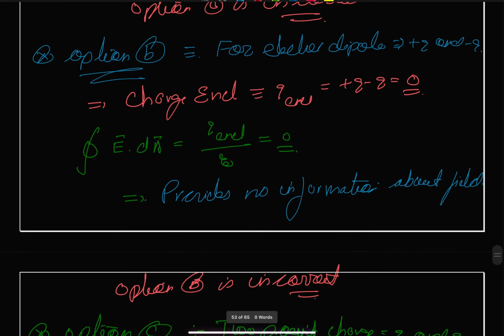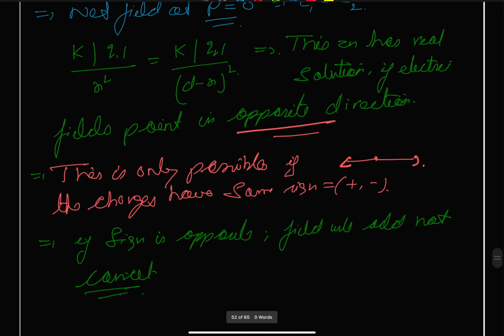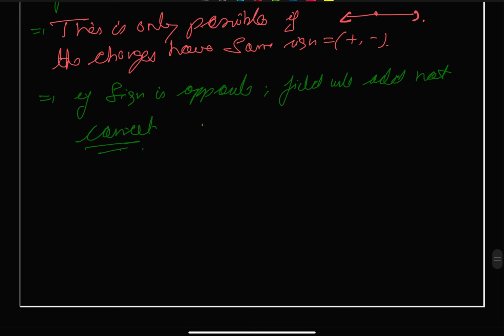Therefore option C is correct. And finally it states that the work done by the external force in moving a unit positive charge from point A at potential VA to point B at potential VB is VB minus VA.